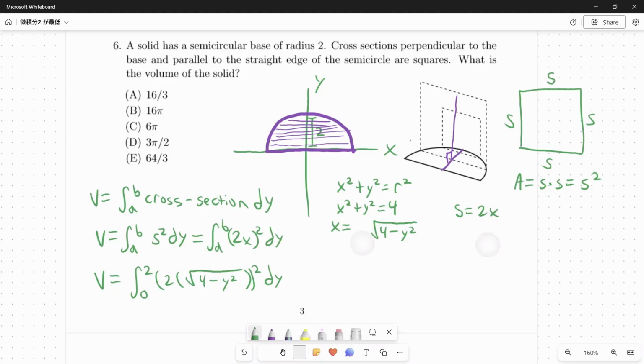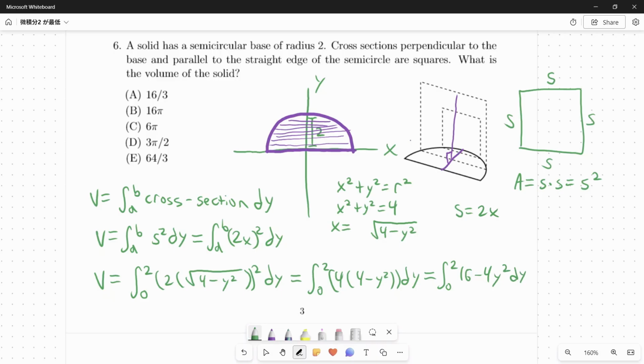So first, I'll simplify this a little bit, and this can simplify to the integral from 0 to 2 of 4 times 4 minus y squared with respect to y, which is going to be equal to the integral from 0 to 2 of 16 minus 4y squared with respect to y.